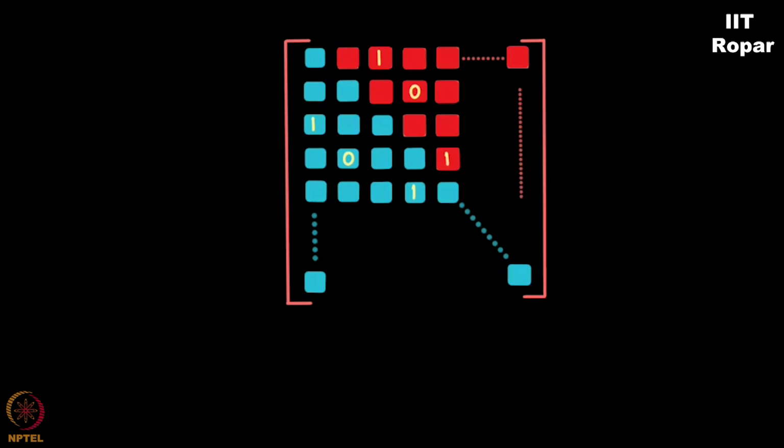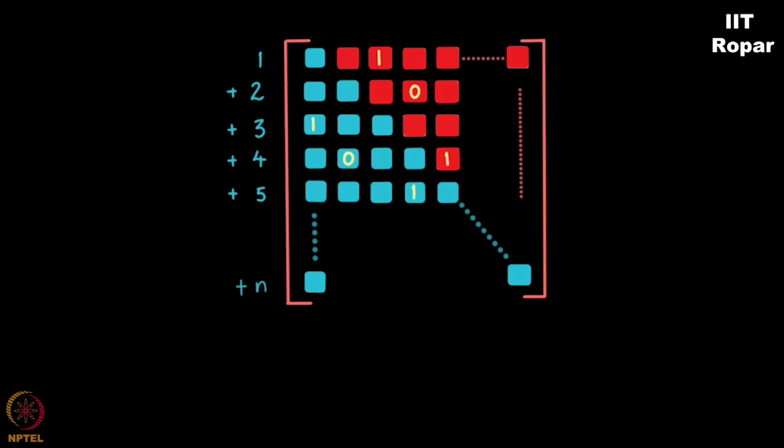Now, I have my freedom to put whatever I want in these blue space holders, these blue small rectangles. In these blue squares, I have my right to put anything I want, but of course zeros or ones. So how many blue squares are there to begin with? 1 plus 2 plus 3 plus 4 plus 5, and so on up to n.